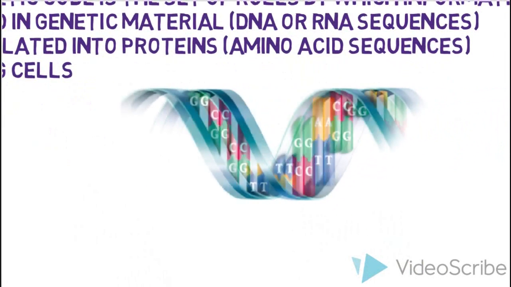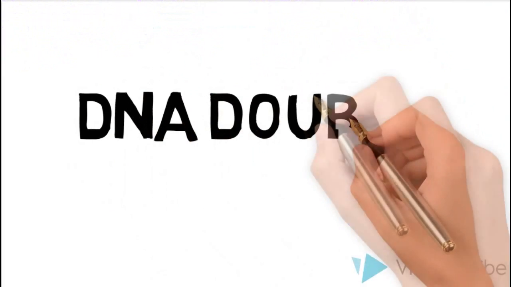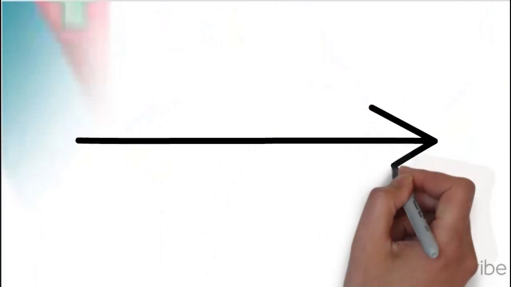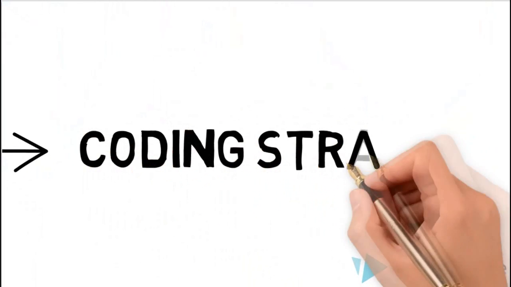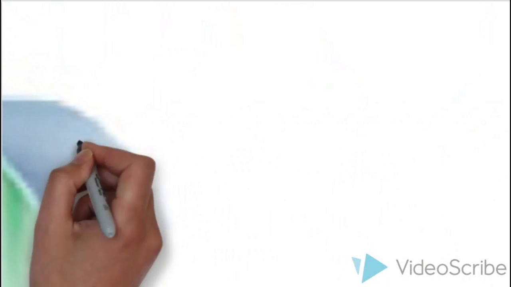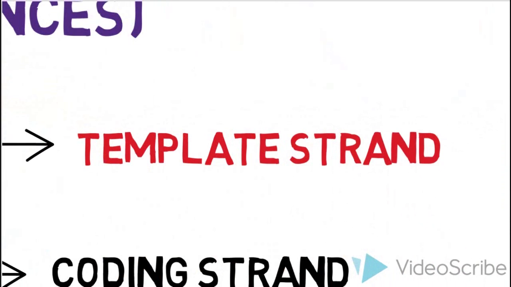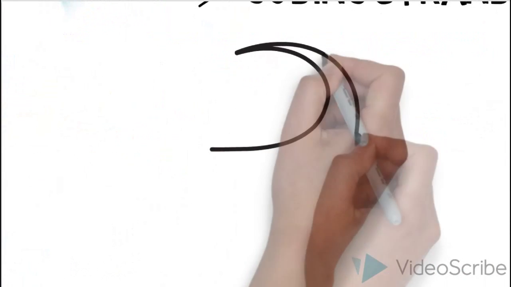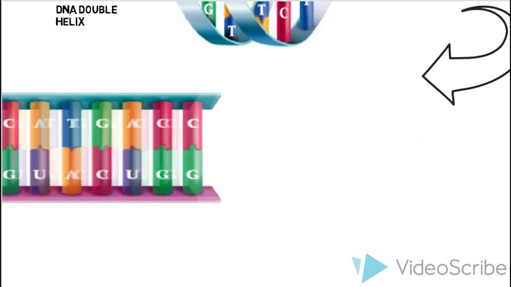This is, as you see, a DNA double helix. One of the strands we call the coding strand, and the next strand will be the template strand. So we can take the template strand and find mRNA.